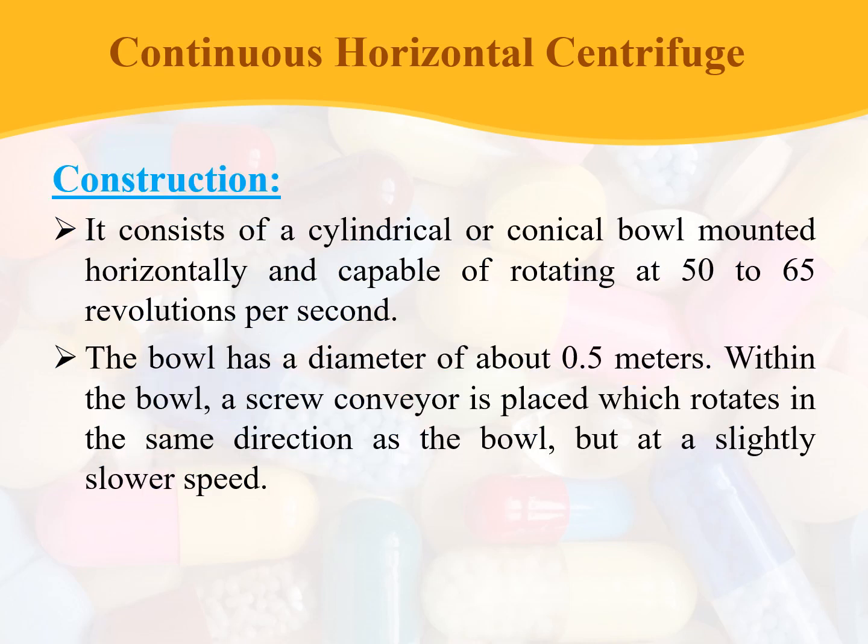Coming to the construction, it consists of a cylindrical or conical bowl mounted horizontally and capable of rotating at 50 to 65 rps, revolutions per second. The bowl has a diameter of about 0.5 meters. Within the bowl, a screw conveyor is placed which rotates in the same direction as the bowl, but at a slightly slower speed.